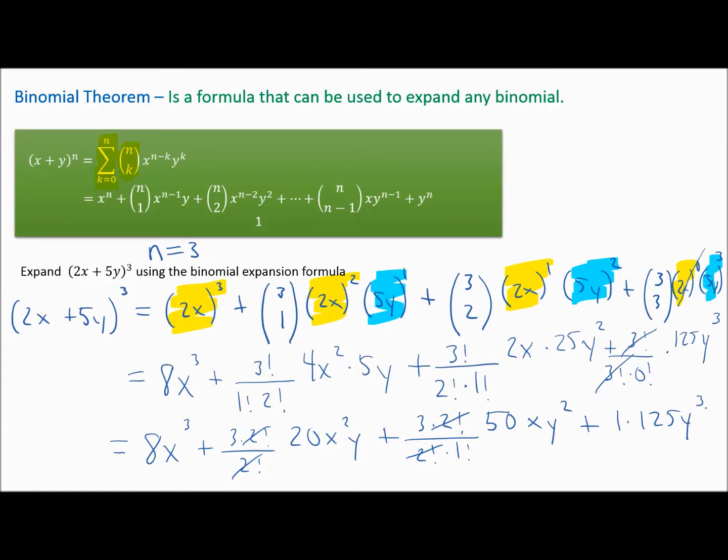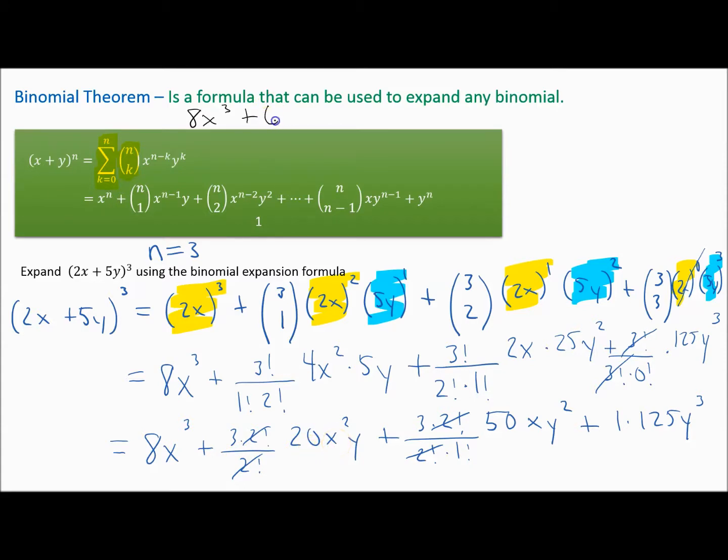Now, we're still not finished, okay? We must simplify completely. At the top of the page, I'm going to write our final answer because I still have to multiply. The 8x to the third is completely simplified. That is going to be 8x to the third plus, now my next term has 3 times 20 times x squared y.